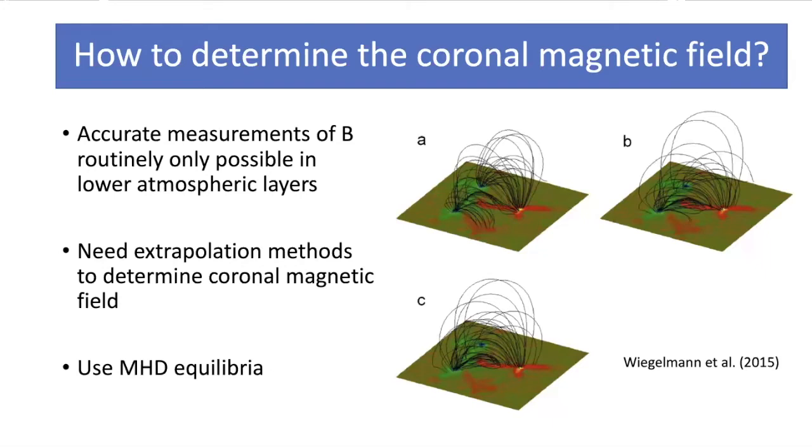So figure A is a potential field model, figures B and C are MHS models. And the data that we use there are from the Sunrise balloon mission and the IMaX instrument on that balloon mission. I think that was the first flight in 2009. I think the Max Planck Institute are currently preparing for the 3rd flight sometime in the near future, if I'm informed correctly.